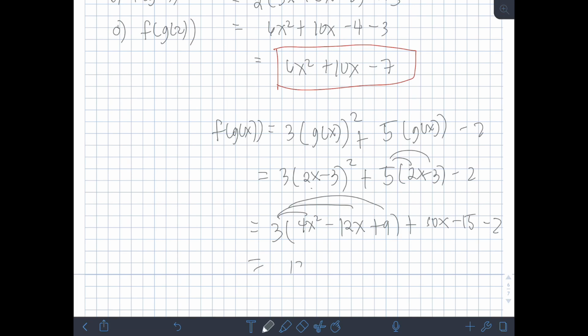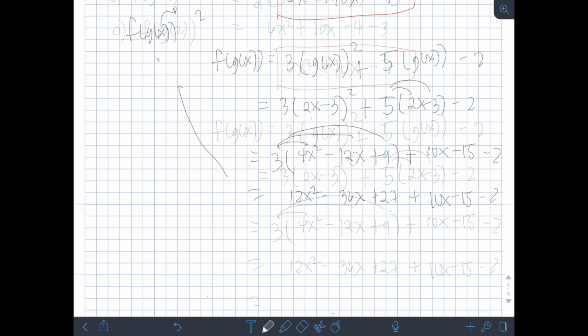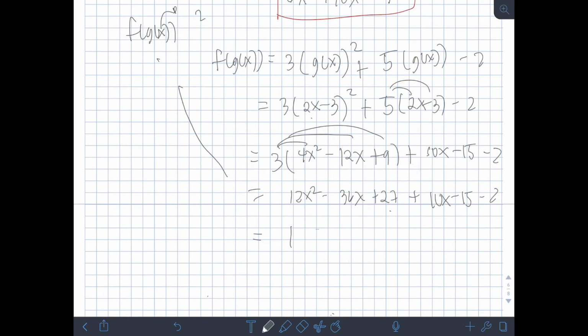So, we have 12x squared minus 36x plus 27 plus 10x minus 15 minus 2. Okay, so combine similar terms, we have 12x squared, negative 36 plus 10x is negative 26x, 27 minus 15 minus 2 is positive 10. So therefore, f of g of x natin ay equal sa 12x squared minus 26x plus 10. Okay?